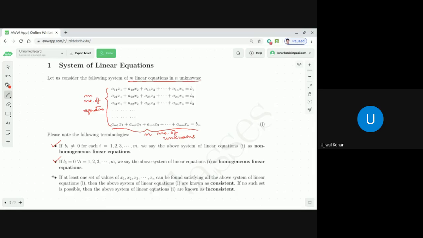If at least one set of values of x1, x2, x3 up to xn can be found satisfying all the above system of linear equations 1, then the system is known as consistent. If no such set is possible, then the system of linear equations is known as inconsistent.